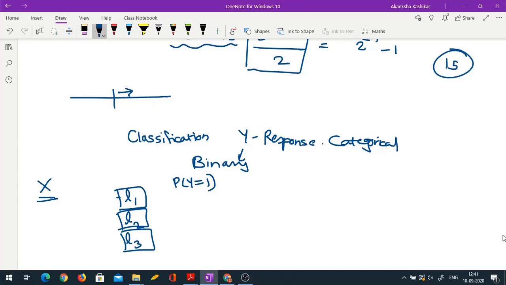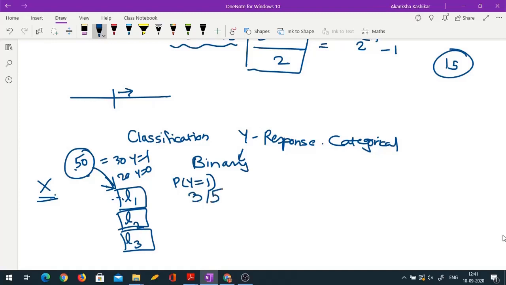Quite simple. I have to just see for how many observations x is L1. Suppose I have 50 observations for which x is L1; out of those 50 I have to see for how many the value of y is 1. So if out of these 50, 30 have y equal to 1 and the remaining 20 have y equal to 0, then my proportion becomes 3 by 5.